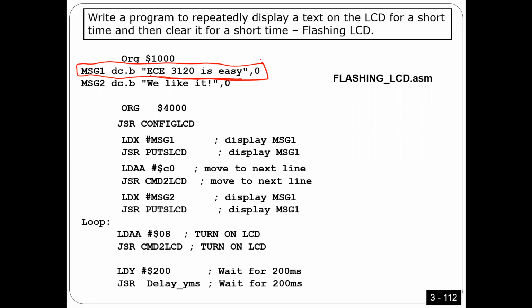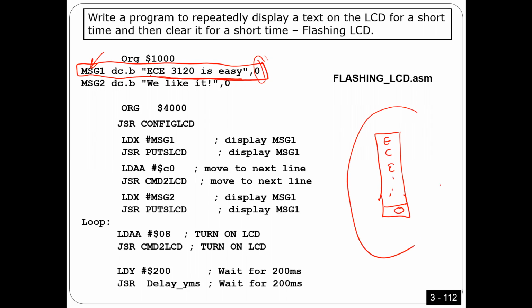This is the name of the array, and as you know, you can call it any name. This array has the ASCII for E, ASCII for C, ASCII for E, and so on, and at the very end it has to be the number 0. This is the array, or the string, I want to display. This is the message I want to display.